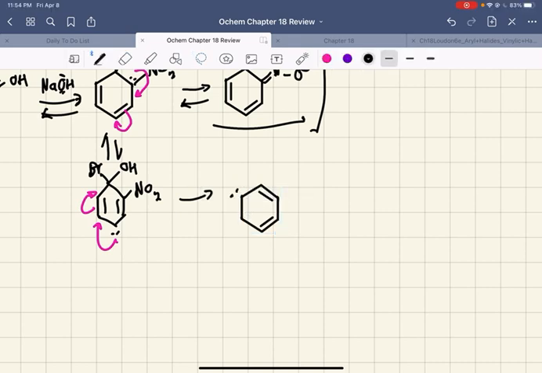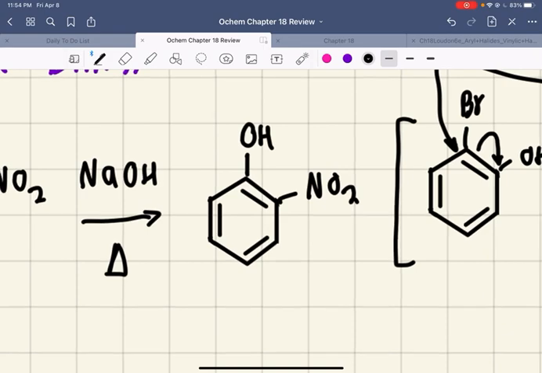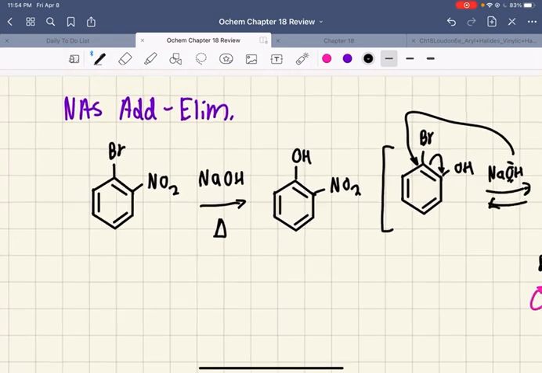The lone pairs will be here. Here's the halogen, here's the OH, and here's the nitro group. This is the last step. The lone pairs will move to this center, causing the bromine to kick out, and you'll be left with this final product. That is the addition-elimination.